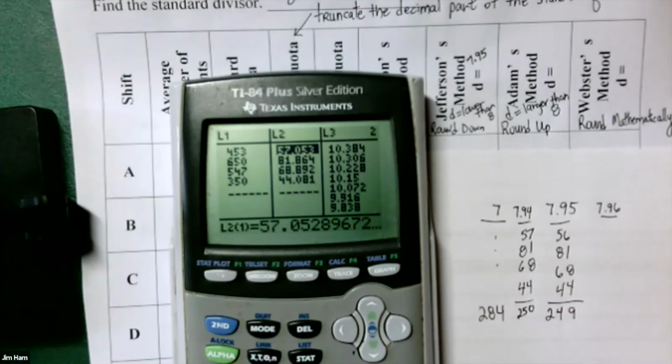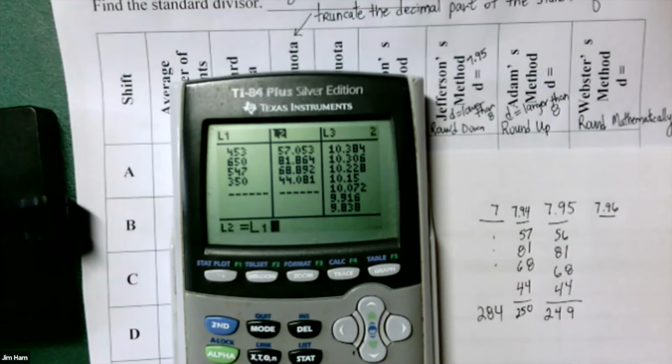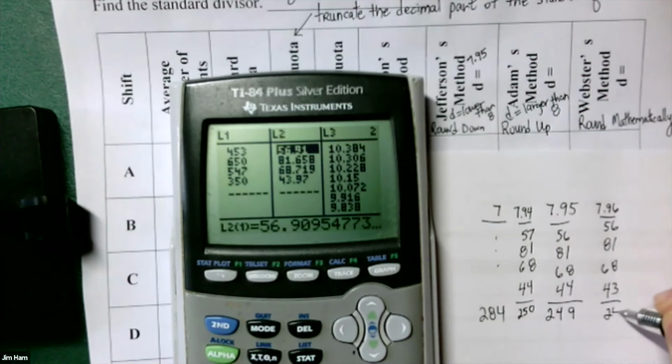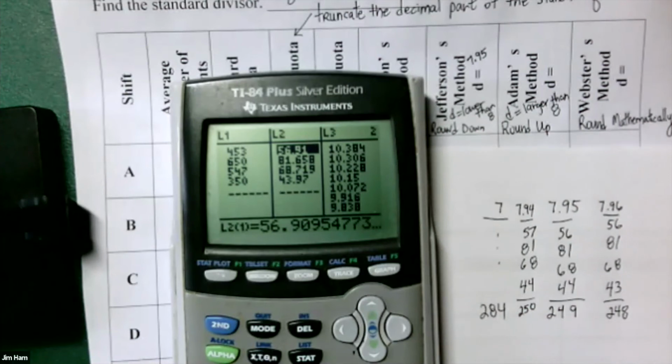On the other hand, if we happen to do 7.96 and round down, we're going to get 56, 81, 68, and 43. We're actually going to go in the other direction and get 248. Now, there's probably a whole list of possible modified divisors that will work.